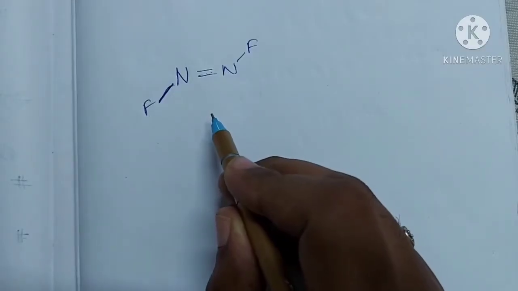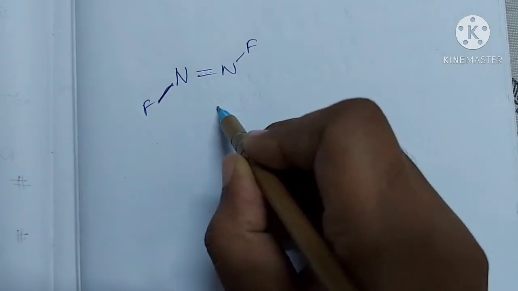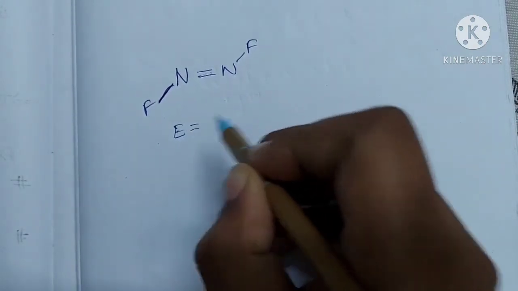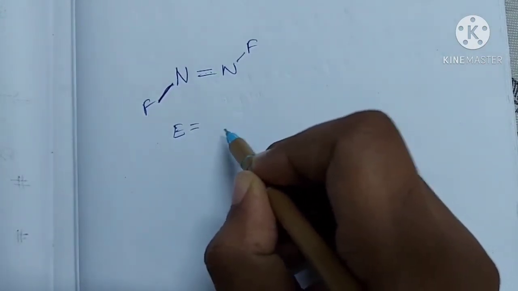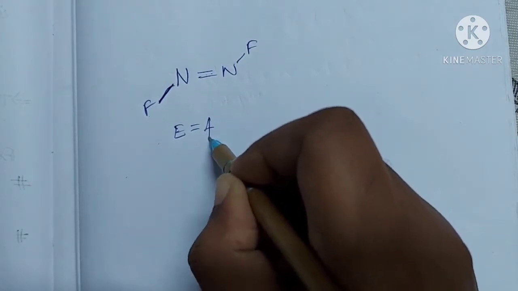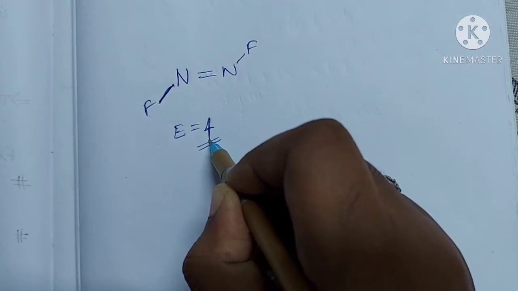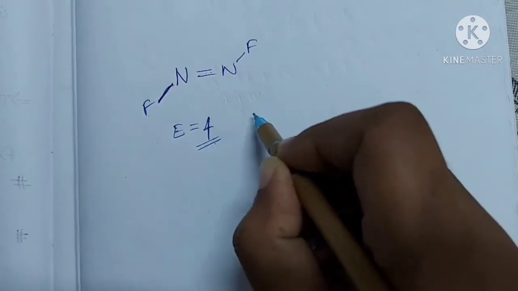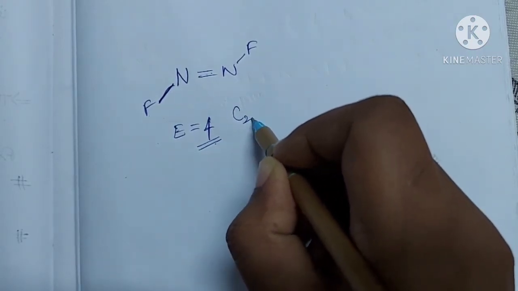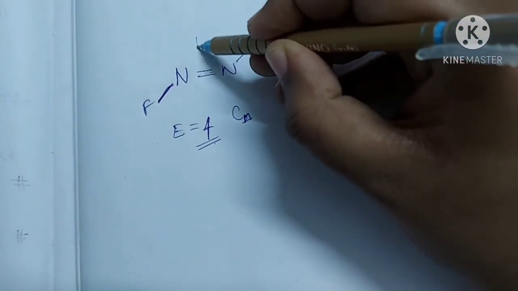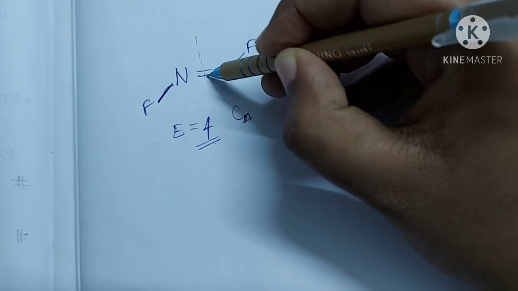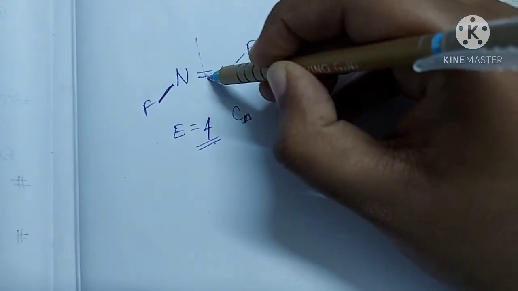This is the structure of N2F2, and in the case of identity, all the atoms remain unshifted. Let us calculate the number of unshifted atoms. Unshifted atoms are 4 in the case of identity. The next one is the C2 axis of rotation. The C2 axis will pass perpendicular to this plane and through this point.